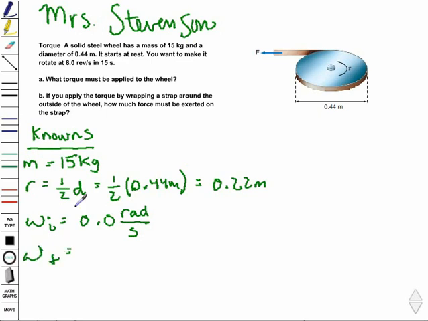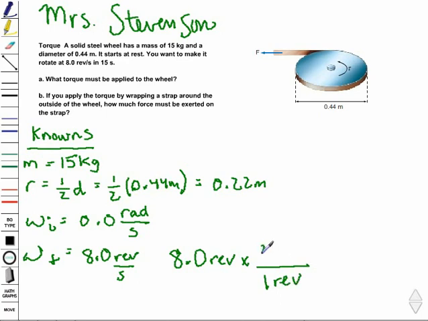Now, our final angular velocity is given to us in revolutions per second. It is 8.0 revolutions per second. But later on in the problem, we're going to have to compare these two, so we need to make sure that we have the same unit. It's pretty straightforward to change a revolution into radians. If we have 8 revolutions and I want to change those to radians, I set up my conversion, and I know that 1 revolution is equal to 2 pi radians.